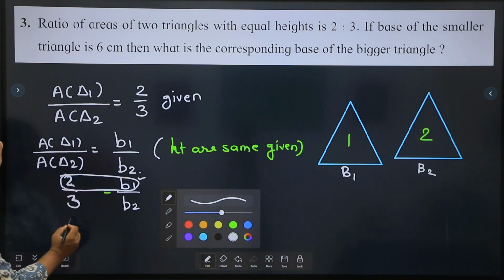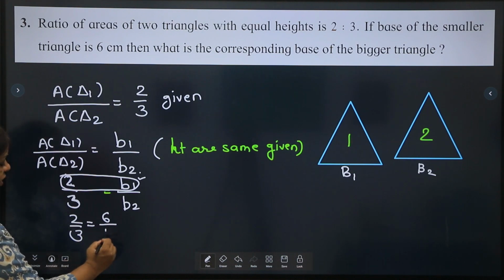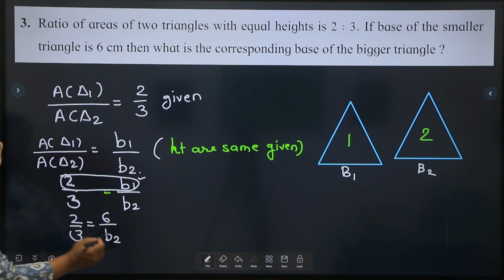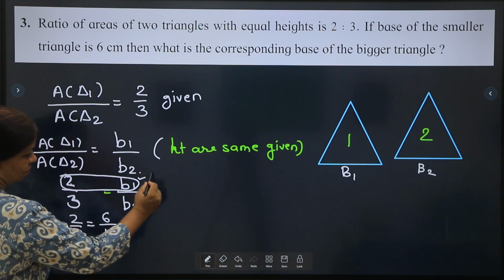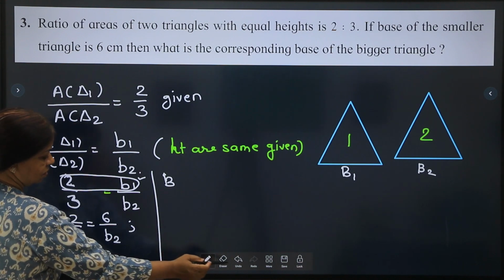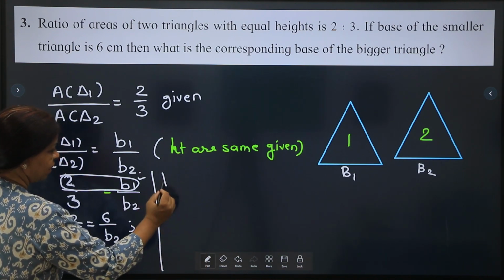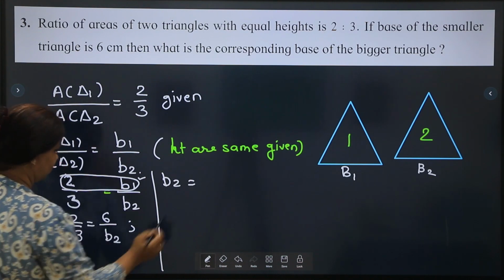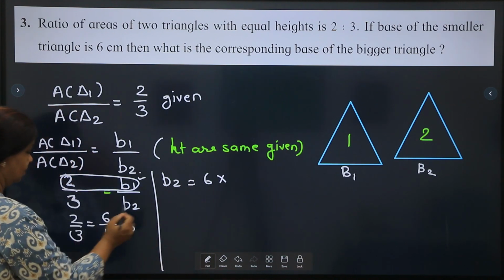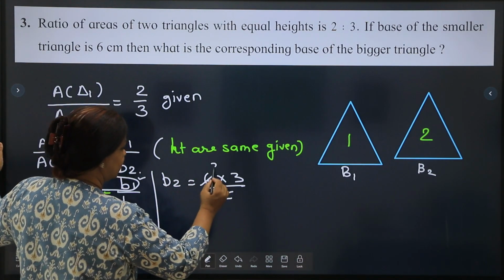So we will write here 2 upon 3 is equal to 6 upon base of the bigger triangle. Okay. B2 will come here. So base of B2 is equal to 6 into 3 upon 2. 2 3s are 6.